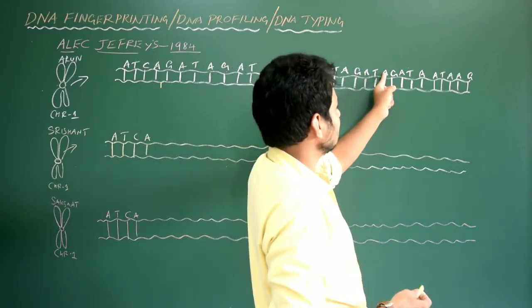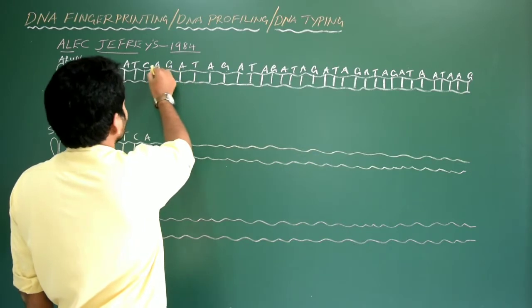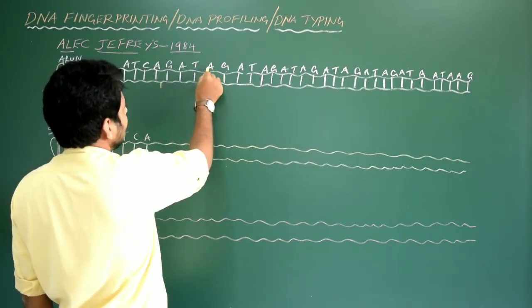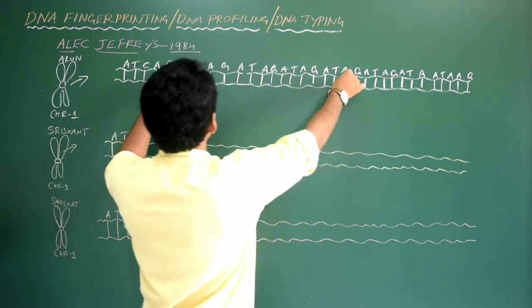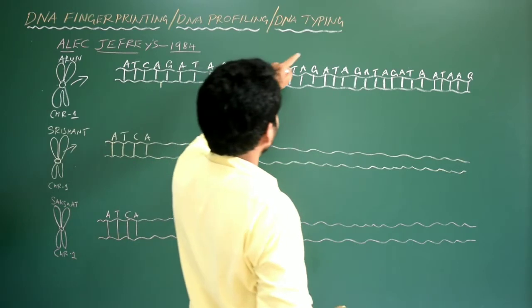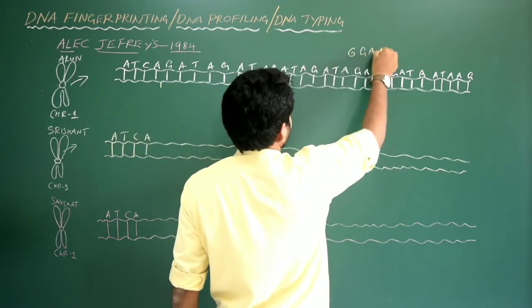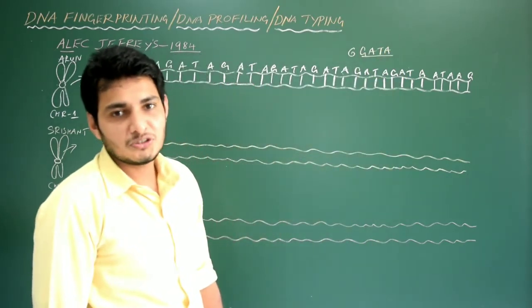Again the 5th time, GATA. Again the 6th time, GATA. So GATA is repeated how many times in my chromosome number 1? 6 times. 1, 2, 3, 4, 5, 6.